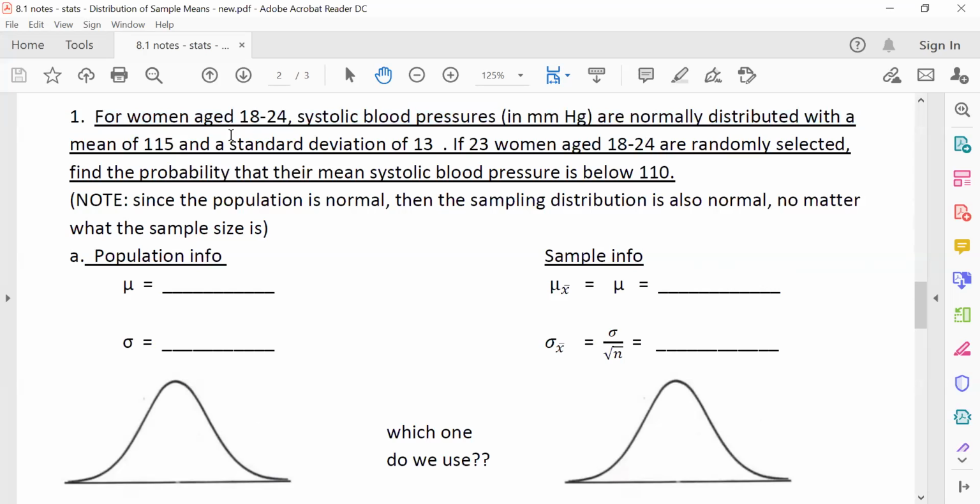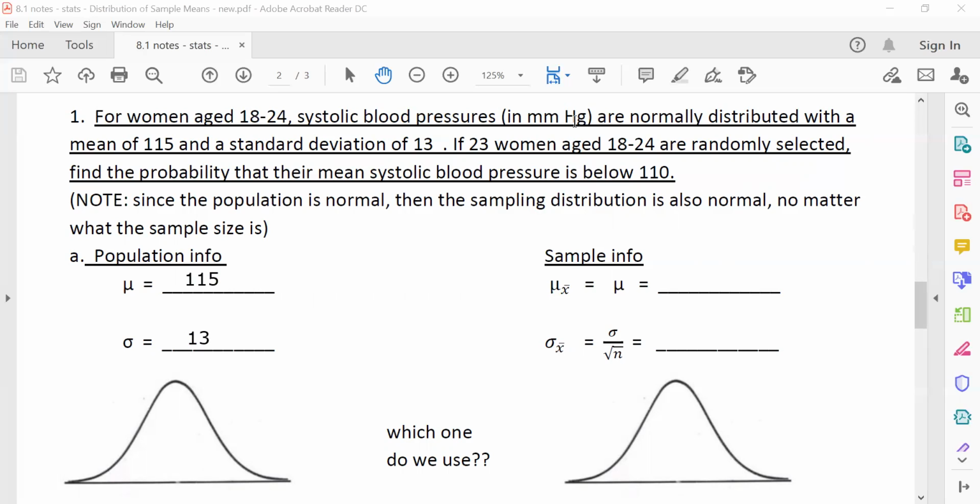Your blood pressure for women age 18 to 24 has an average value of 115 and a standard deviation of 13. So this is the population of all women aged 18 to 24, with an average blood pressure of 115 and a standard deviation of 13. That is the information from the population.